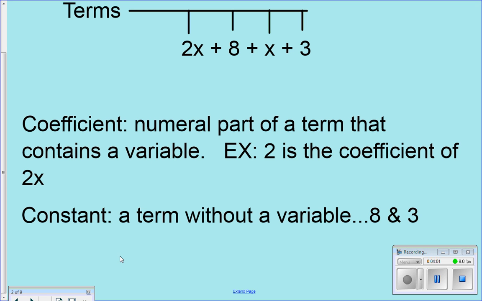Are you guys writing constant too? Just write constant, and then I'll explain that as well.